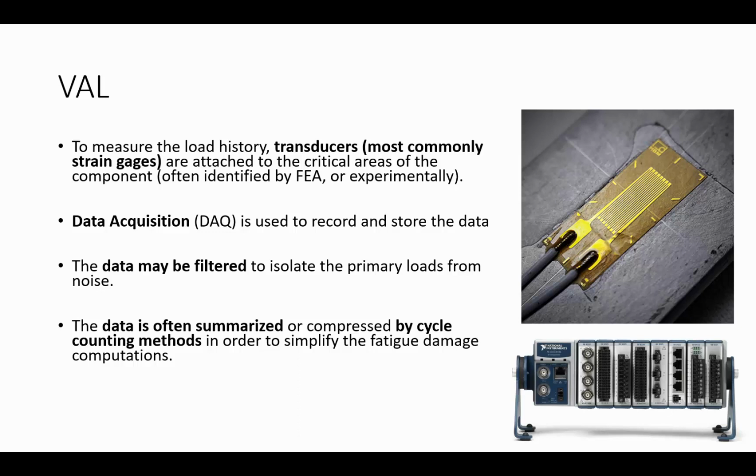The data from those strain gauges is read in using a data acquisition system, and the data may be filtered to isolate the primary loads from noise, from vibration, or from line noise. The data is often summarized or compressed by using cycle counting methods, where we take that variable amplitude data and we simplify it so that it's easier for us to use in computation, but also for us to store.